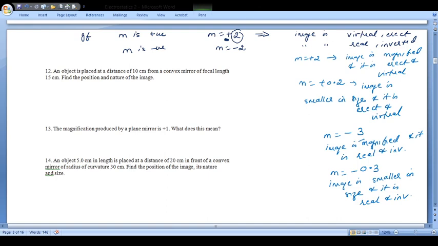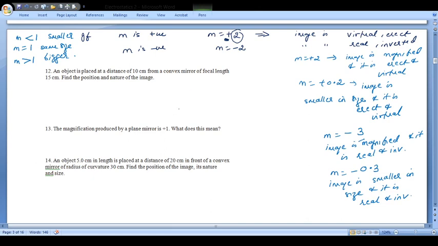And this number, if you find that m is less than 1, then it is smaller, magnitude, not the sign. If you find m is equal to 1, then it is the same size. And if m is greater than 1, then it is bigger. So these are the things. I hope it is clear to you.